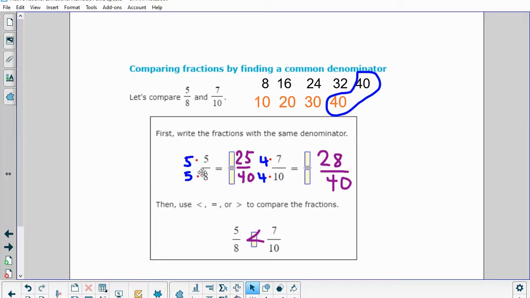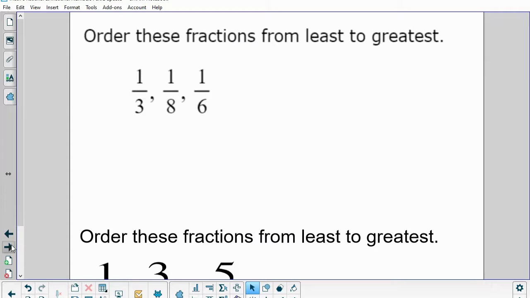So the first one we multiply the top and bottom by 5, the second one the top and bottom by 4, and we end up with 25/40ths and 28/40ths. So we know that 25/40ths is less than 28/40ths, so that means 5/8 is less than 7/10.